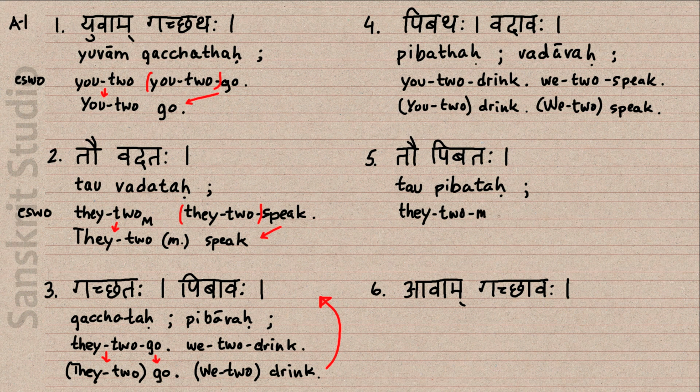Oh, now I'm using my old syntax again. Okay, they two m, like that. They two m, they are drinking. So they two drink. Like that, and that's done.